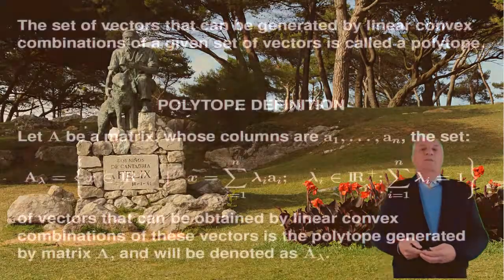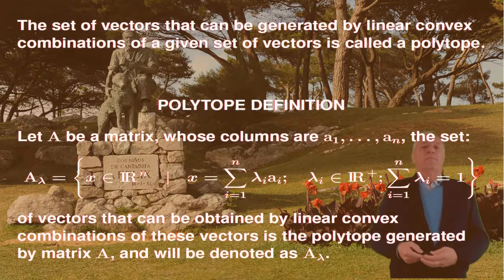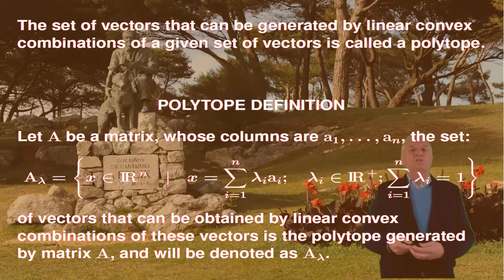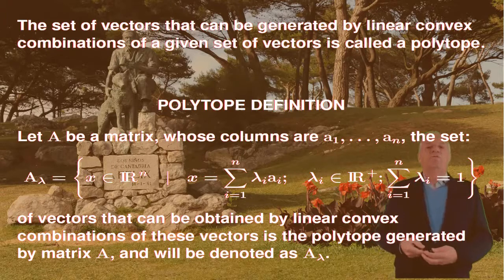Next, we start with the polytope concept. What is a polytope? A polytope is a set of vectors which is generated by linear convex combinations of a given subset of vectors.